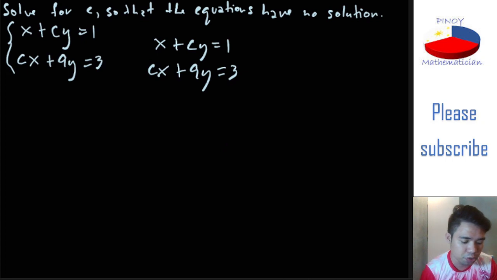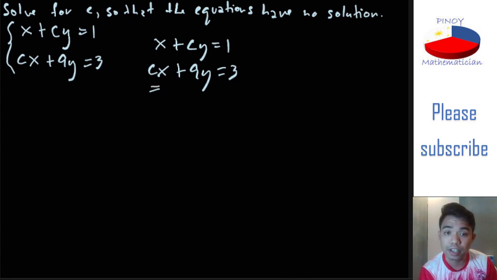I want to remove the first term, cx, or the x, so that I only have the variables y and c, because c is what we're looking for.